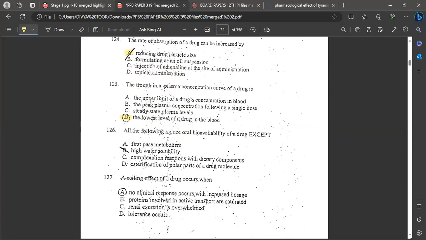Okay. All the following reduce oral bioavailability of a drug except first pass metabolism, high water solubility, complexation reactions with dietary components, and esterification of polar parts of a drug molecule. I'm not sure about this.